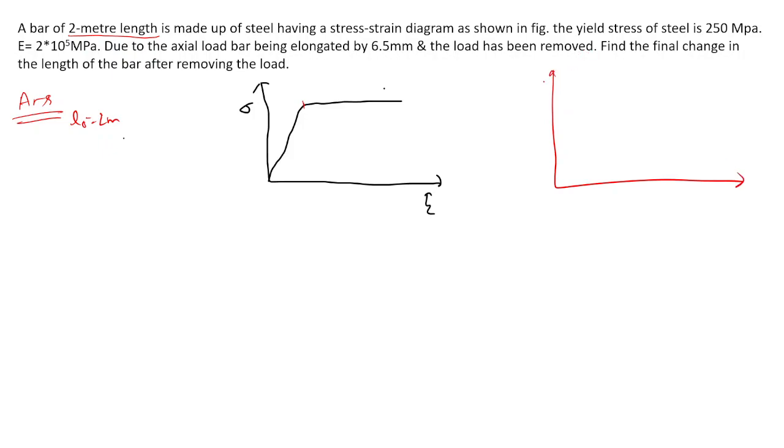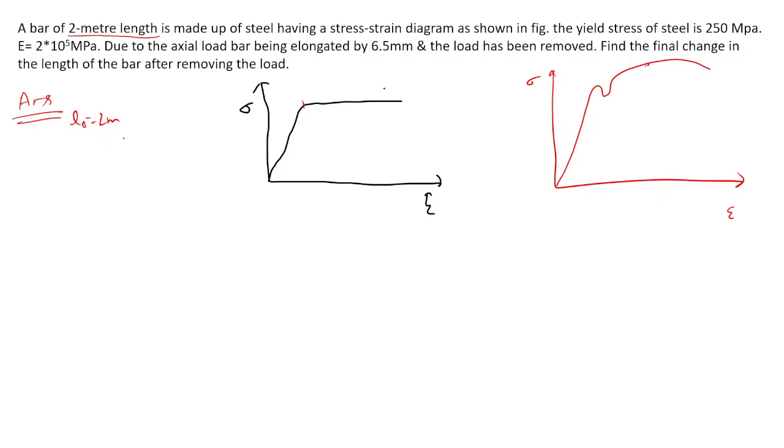If loading is in the plastic region, let's suppose this is the stress strain diagram. Let's suppose it is elastic: when you remove the load, it will retract its path, with no deformation, and regain its initial position. But when it is in the plastic region, whenever we remove the load, if it is above the yield stress, then some plastic deformation remains.